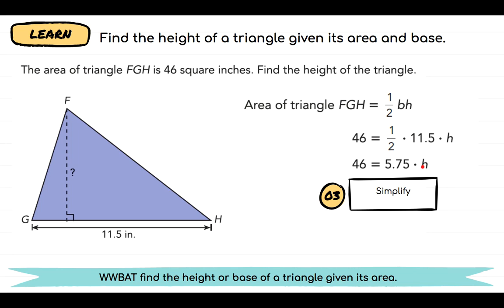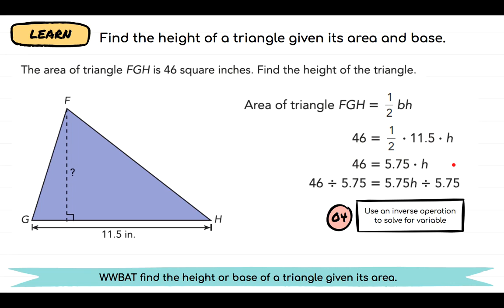Okay, and then after you're done simplifying, you are going to use the inverse operation to solve for the variable. For example, 5.75 is multiplying with h. So we are using division in order to get rid of 5.75 so that we can only have h on one side and then the value of it on the other side.